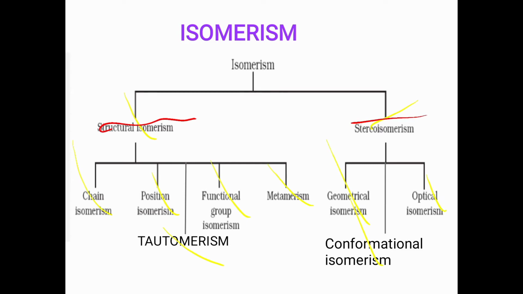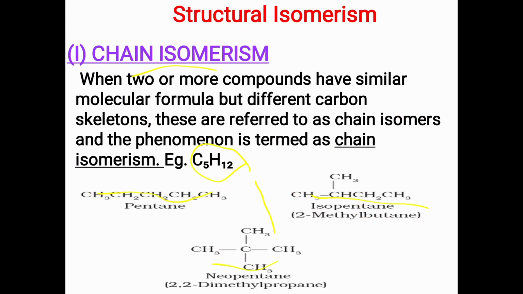Structure isomer is further divided into chain isomer, position isomer, functional isomer, metamerism and tautomerism. Stereoisomer is also divided into geometrical isomer, optical isomer and conformational isomer. Now we are going to discuss in detail the subgroups.